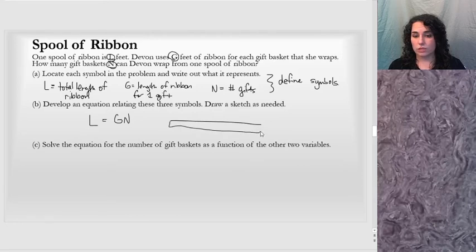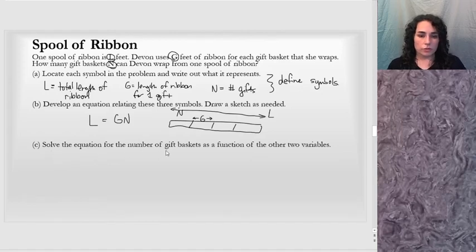Cut it up into pieces, boop, boop, boop. N number of pieces, and they're G each. It has to equal the total length, L. And so that might be a picture that you could draw in order to encode your information a little bit better. We're not given any numbers. I just arbitrarily picked 4, right? Like, we don't know. So that's done.